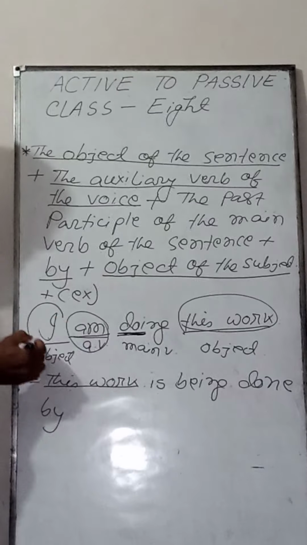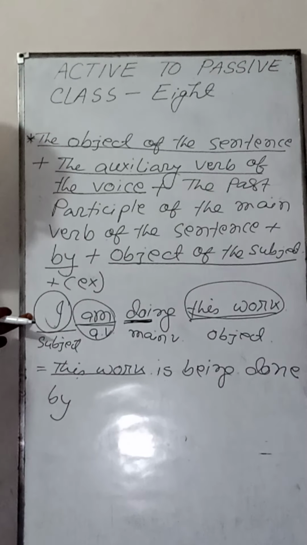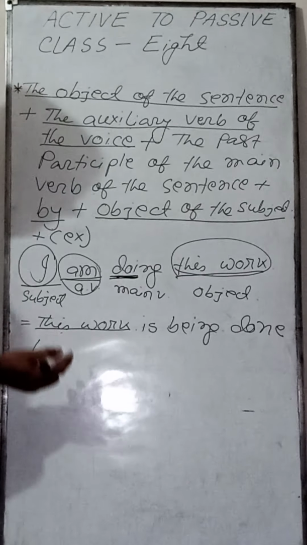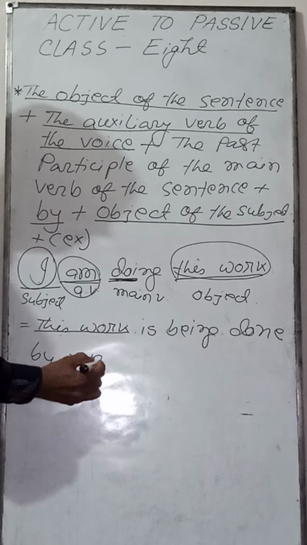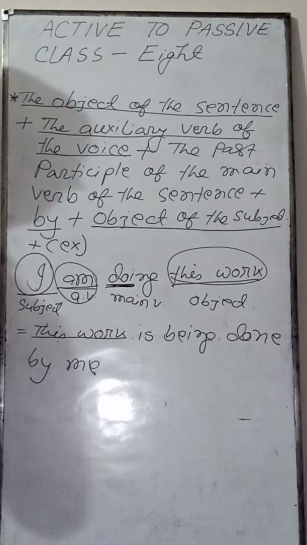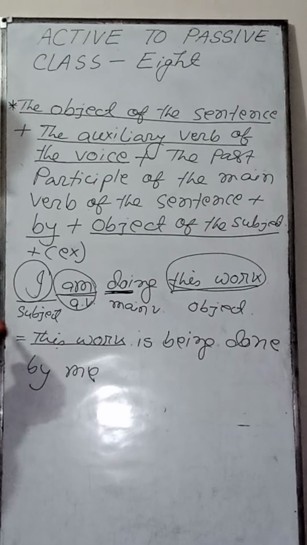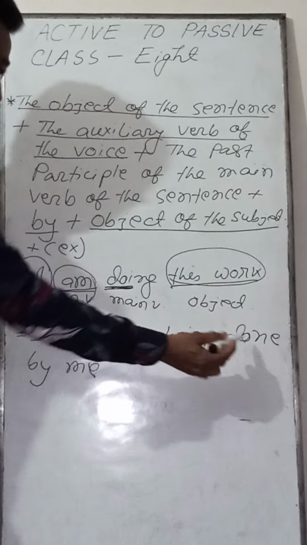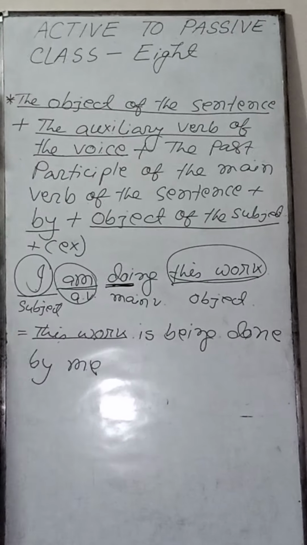Here, the subject is I. If the subject of the sentence is I, you have to write me. Okay, now I have completed this sentence from active to passive. The sentence is: this work is being done by me.